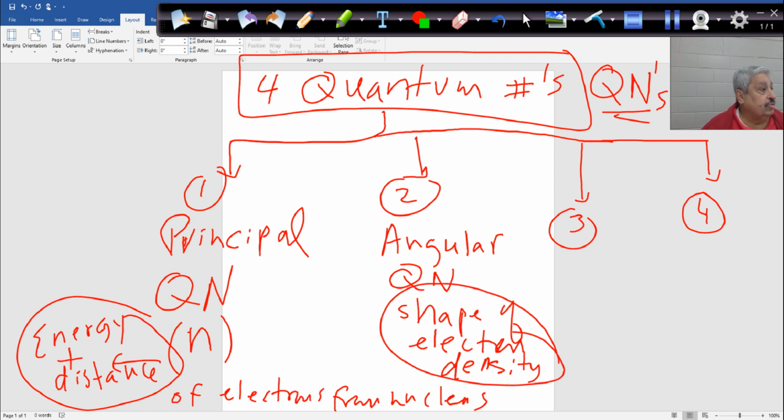How are their shapes when they are moving around the nucleus? What's the shape of the motion of those electrons?